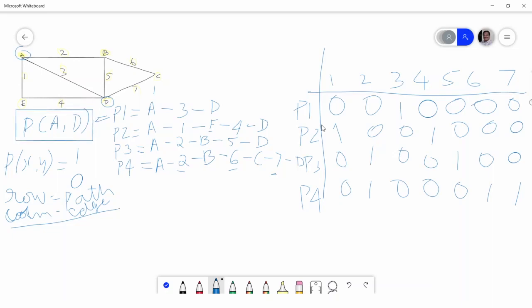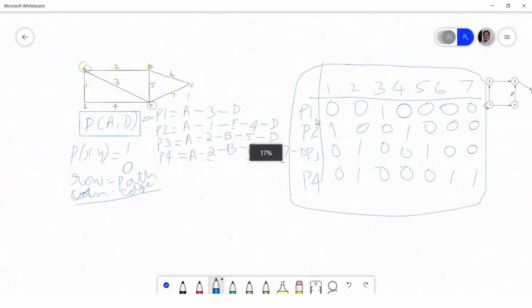So this is how we get a path matrix between A and D. The same thing has to be implemented.